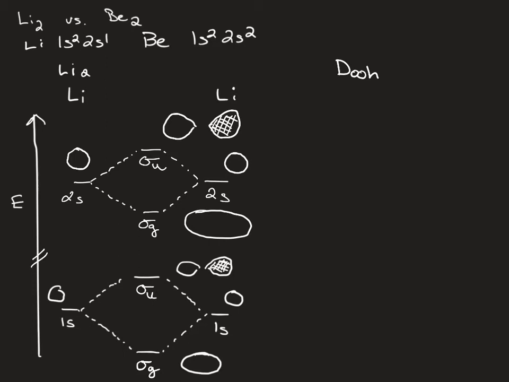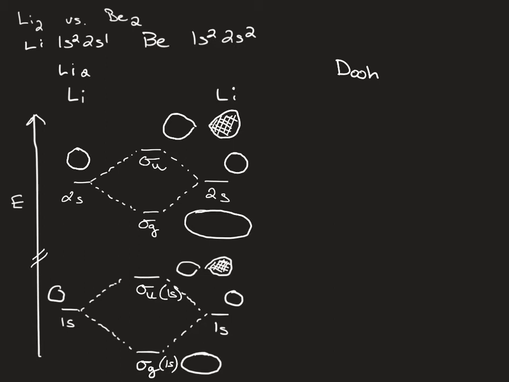There's a number of different ways that we can further go on to distinguish these. For the purposes of this video, we're going to distinguish our orbitals based on the atomic orbitals that they came from. So our lowest energy sigma g, we're going to give a 1s notation to signify that it came from 1s atomic orbitals. Our sigma u is going to have a 1s.